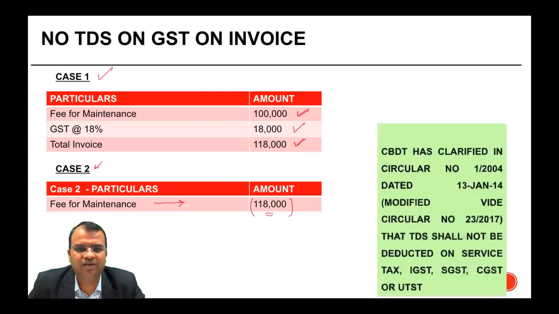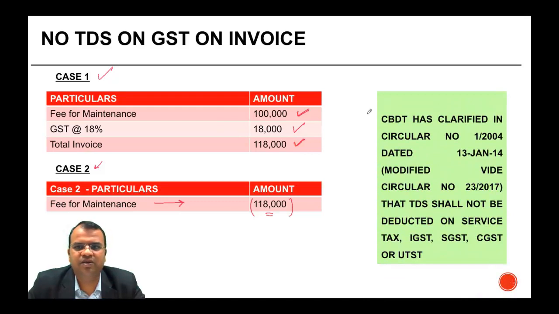Now, there is a circular from CBDT, which is circular number 1 of 2014, dated 13 January 2014, which has been modified by circular number 23 of 2017, which says that TDS shall not be deducted on service tax, IGST, SGST, CGST or UTGST.